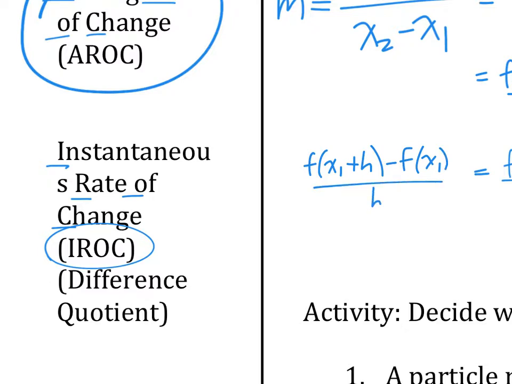And what's happening is that we're bringing this distance really close to the original point. That is when h goes to 0. The distance goes to 0, as if there is no gap. Therefore, instantaneous rate of change is the limit as h goes to 0. So it's the same formula because we're just looking at slope. One of them requires 2 points. The other one only requires 1 point where h goes to 0, where the gap goes to 0. Okay?